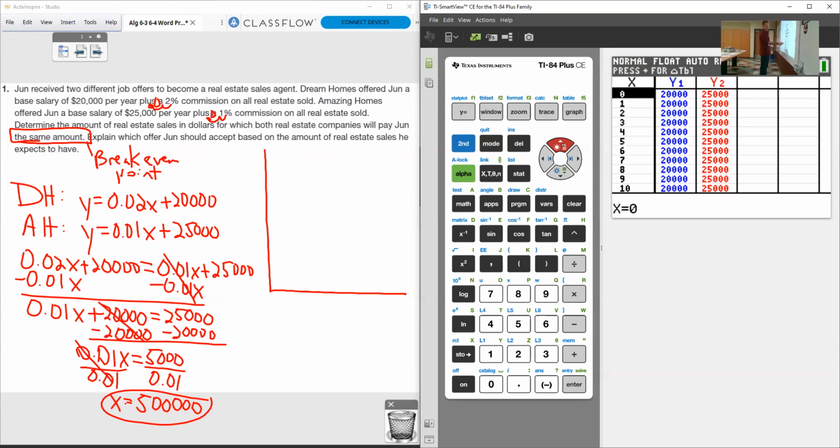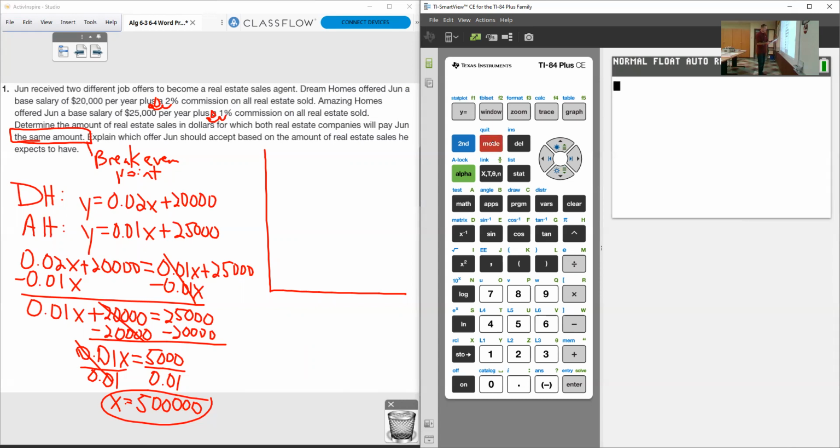Now hit the plus sign, and I'm going to count by 100,000s. Not going to let me do that. Well, that's fine, we don't need to do that. So anyway, 500,000 is our break-even point.